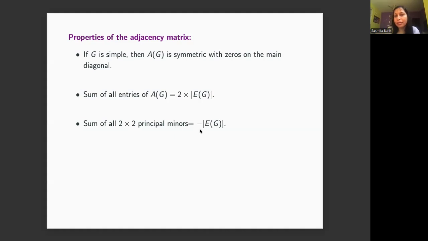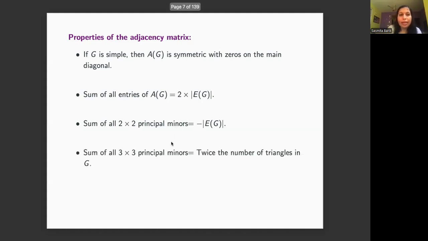And third thing: if I take all 3 cross 3 principal minors and then add them, I'll get twice the number of triangles in the graph. So how many 3-cycles are there in the graph, you can get if you take all the 3 cross 3 principal minors and add them.